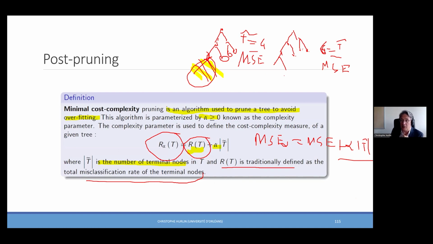And for instance, maybe this is the model which is the best. So this is the initial model less this part of the tree. And the algorithm will consider all the variations of the initial tree by removing some parts in the tree, and then decide what is the best pruned tree model.